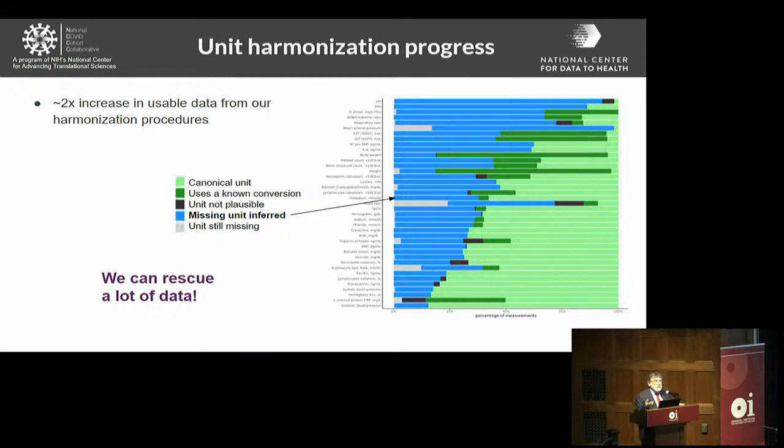And the blue is all the data, and each row is a variable, the percentage of the data for that particular variable that we were able to rescue by inferring units of measure. I simply use that as an example where in our harmonization efforts of bringing together different common data models and doing centralized data quality enhancement and review, we were able to methodically rescue and recover a lot of data.